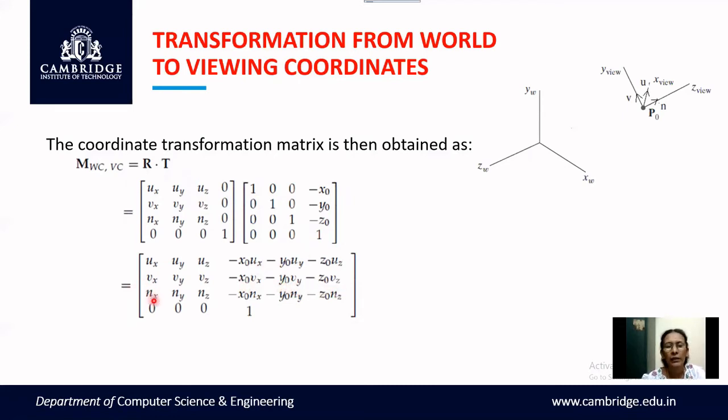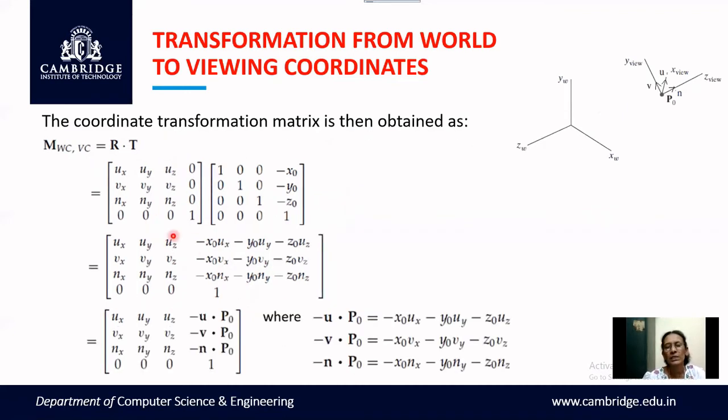Same, the third row you get as nx, ny, nz, minus x0 nx, minus y0 ny, minus z0 nz. And the last row would be 0, 0, 0, 1. Now, what we see is that this component, minus x0 ux, minus y0 uy, minus z0 uz, is nothing but the negative of the dot product of u and p0.